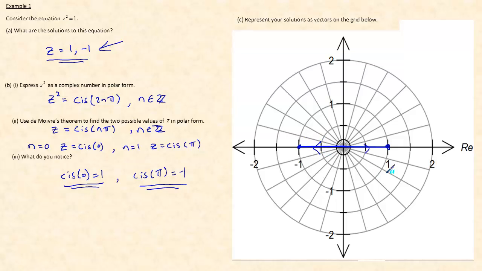Now the reason for doing this is to note that we have two solutions and the separation between them is 180 degrees or pi radians, which is 2 pi divided by 2. 2 pi for a complete circle, and we have two solutions. So those two solutions are separated by pi radians.